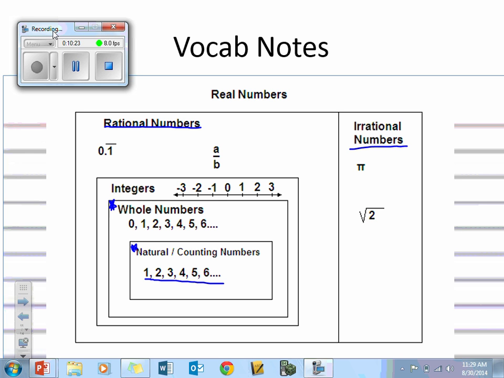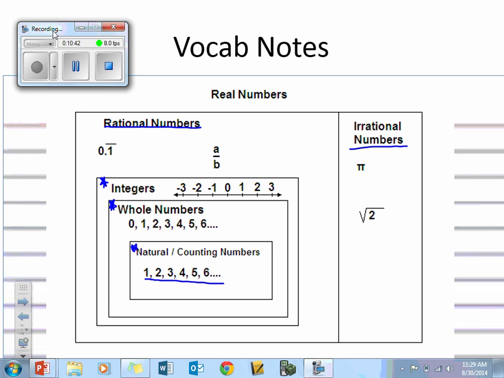So 0, 1, 2, 3, 4, 5, 6. Once we go further out, there are integers, and the integers are negatives now. So -3, -2, -1, 0, 1, 2, 3.